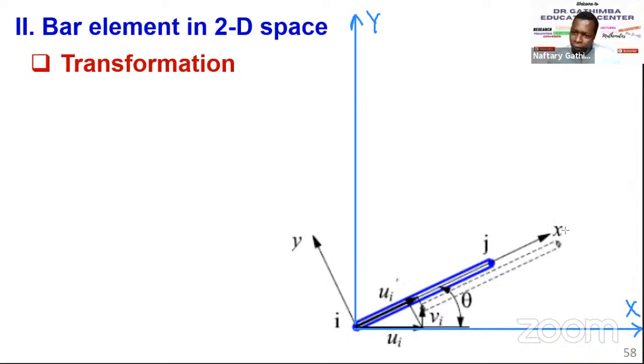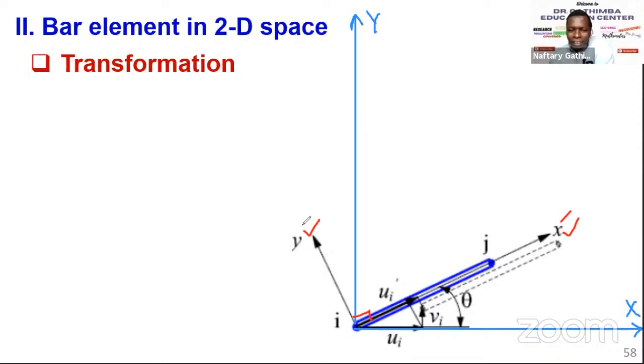For the local coordinate system, the X-coordinate is given and the Y-coordinate is given. Of course, remember why the Y is like this: in the Cartesian plane the axes are orthogonal to each other. So now here I have introduced the global coordinate system. What we want to do is see the transformation.